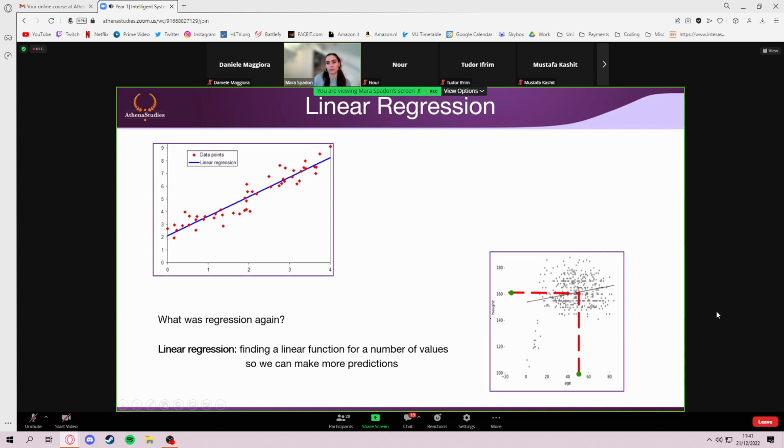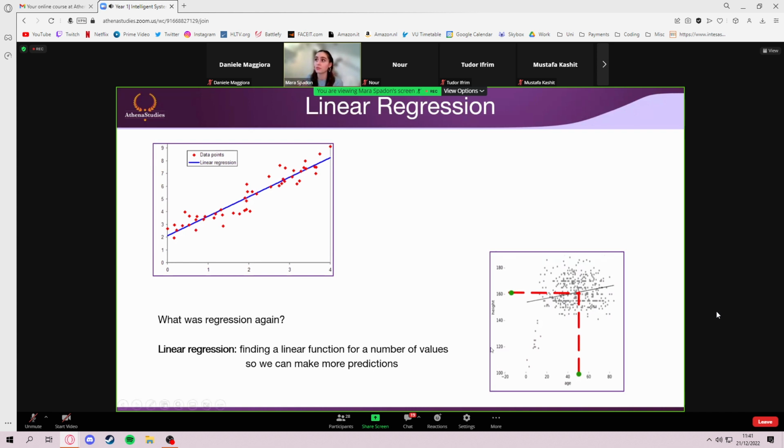Like make a prediction. So then it looks at the line. What is the value of the intersection of height at age 45? Well, you have a height of like 162, let's say. So that's what linear regression would show.